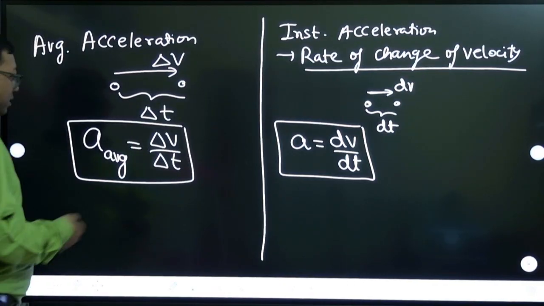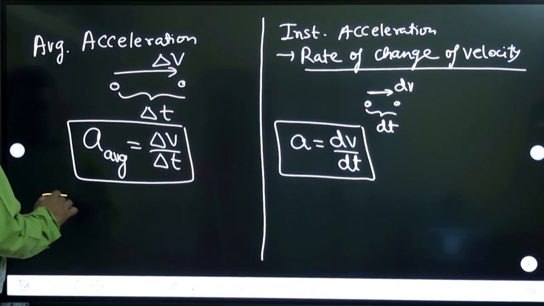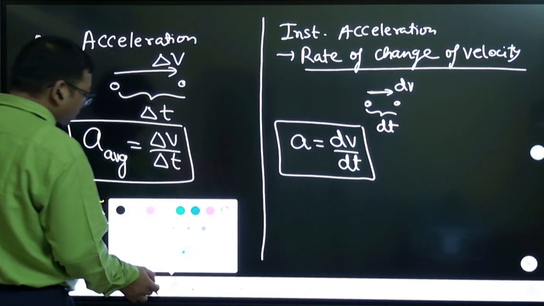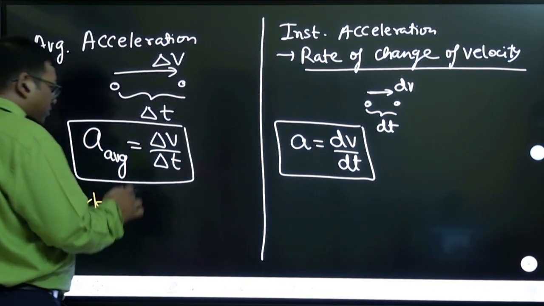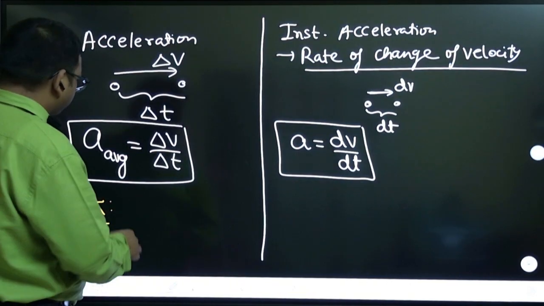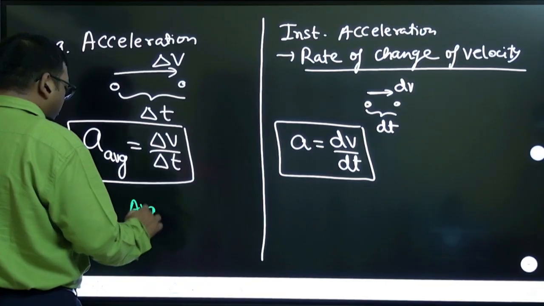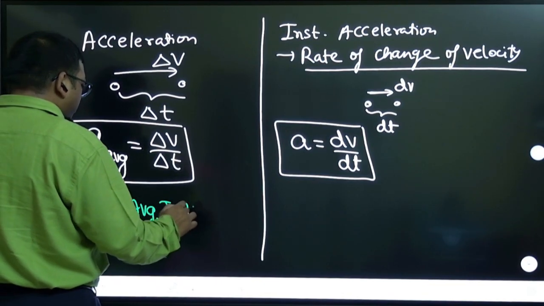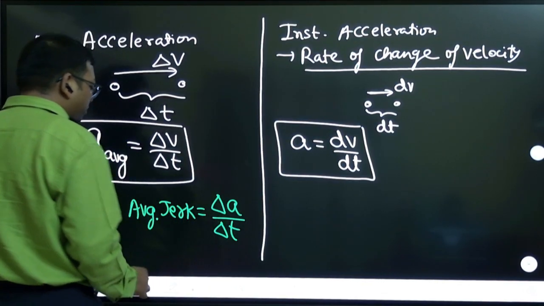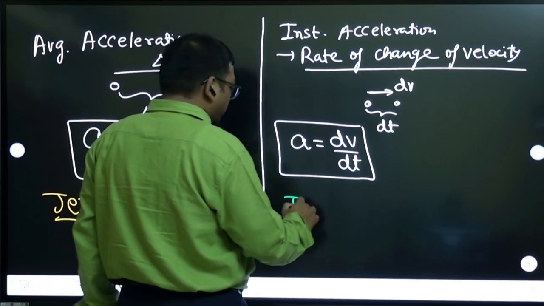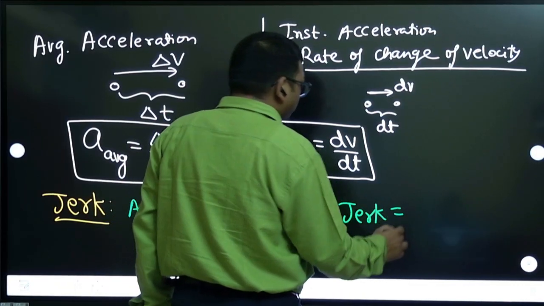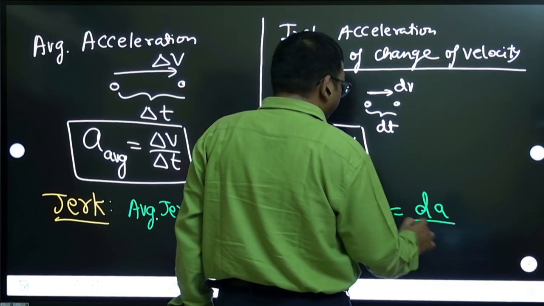After that, the next thing is jerk, but generally jerk is not given in NCERT and generally not coming, but still let us note what jerk is. Further change of acceleration with respect to time is called jerk. Jerk can be average jerk, which is delta A by delta t, and instantaneous jerk, which is equal to dA by dt.